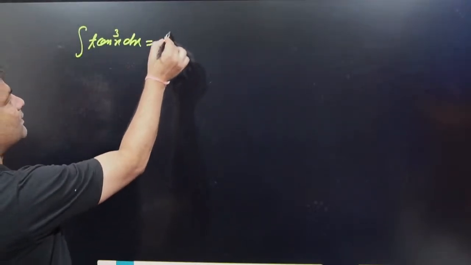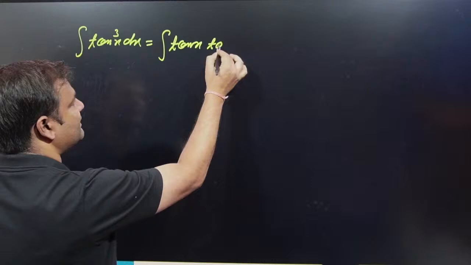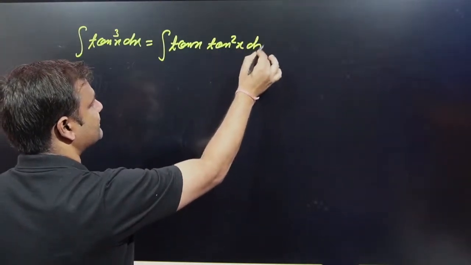Then how can we solve it? Simply, I know that here tan x and this one is tan square x dx.